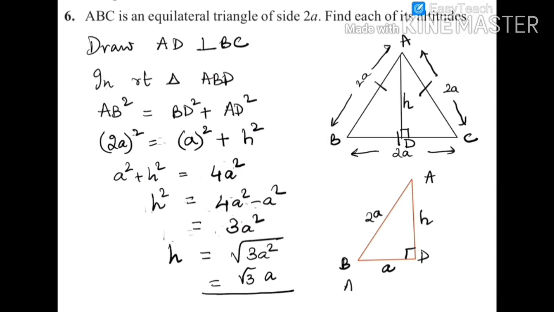So if we use this method, area is equal to root 3 upon 4 side square, and that will be equal to half base into height. So side of the equilateral triangle is 2a, so you will substitute s as 2a. Base is also 2a. H is what we have to find. So when we substitute in this, you will get root 3 times a as the altitude.